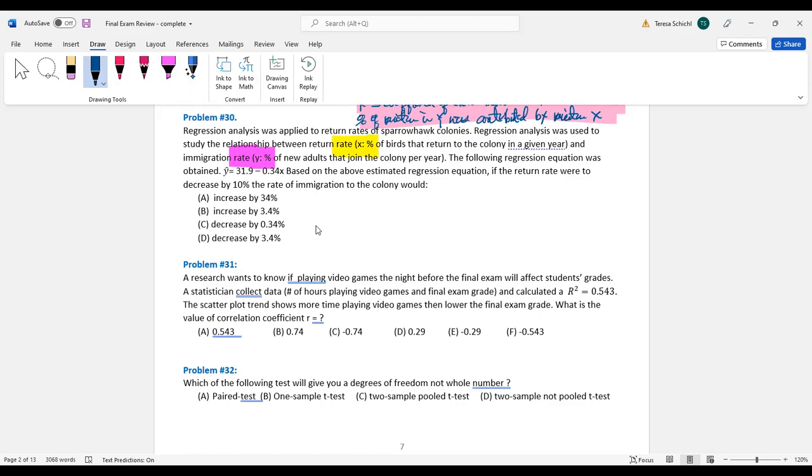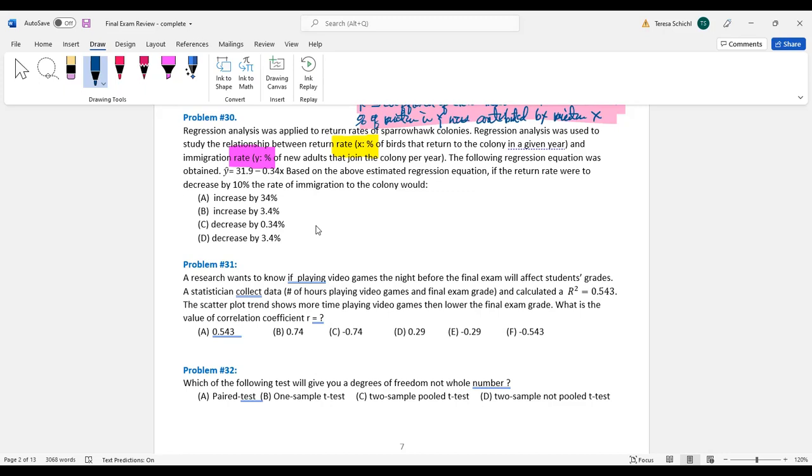The regression gives y hat equal to 31.9 minus 0.34x. Based on this regression analysis, if the return rate decreased by 10%, then the rate of immigration to the colony.